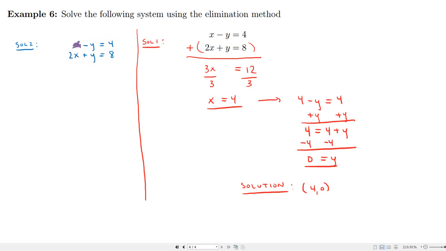So what we're going to do is multiply this first equation by -2. And if we do that, then we will get a coefficient that is the negative of the coefficient of x in the second equation.